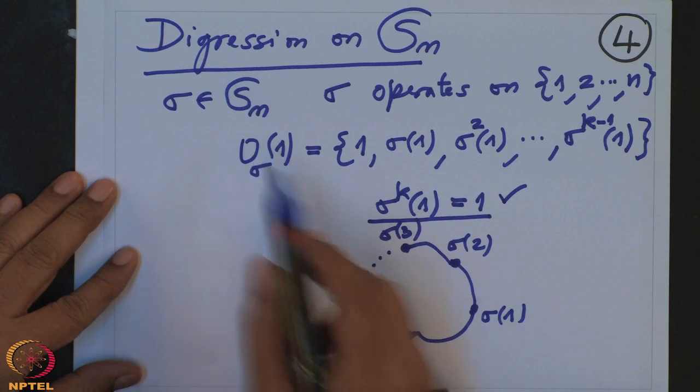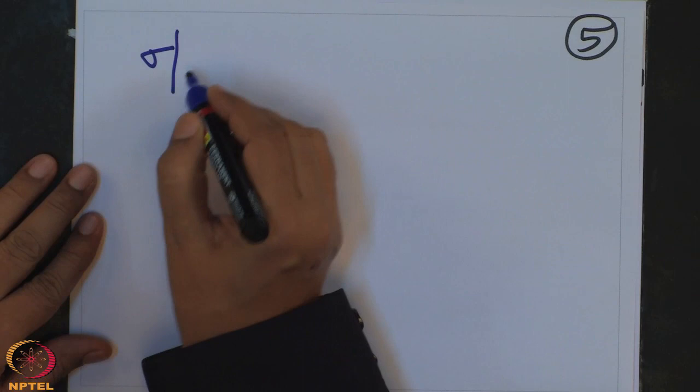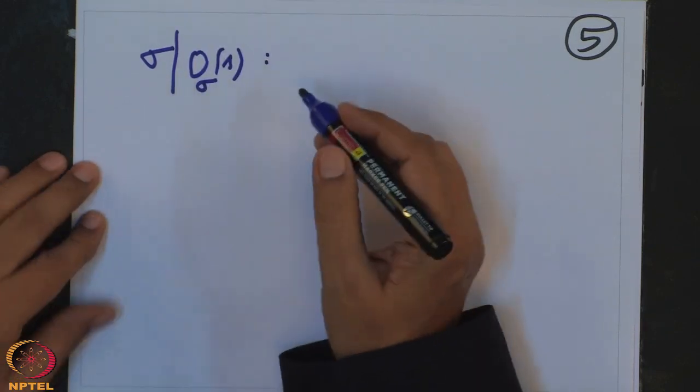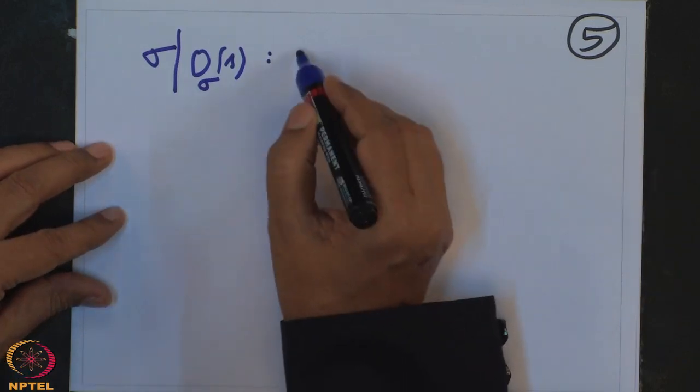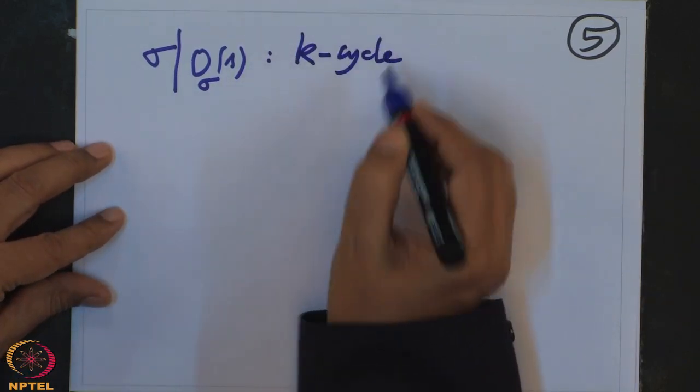So, therefore, what it means is, if I restrict sigma to this set, so I will write on the next page, sigma, if I restrict to the orbit of 1, it is actually a k cycle. What does that mean?